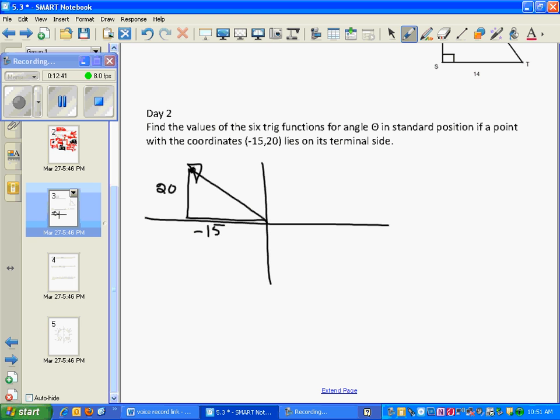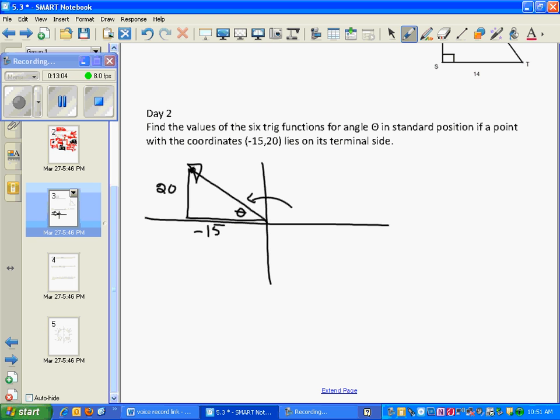Y'all with me? Okay. So I want to know what all of the 6 trig functions are. Well, remember, this angle here is the same as this angle here, correct? Because they're reference angles. I can take the sine of 135, or I can take the sine of 45 and know that it's in the second quadrant.